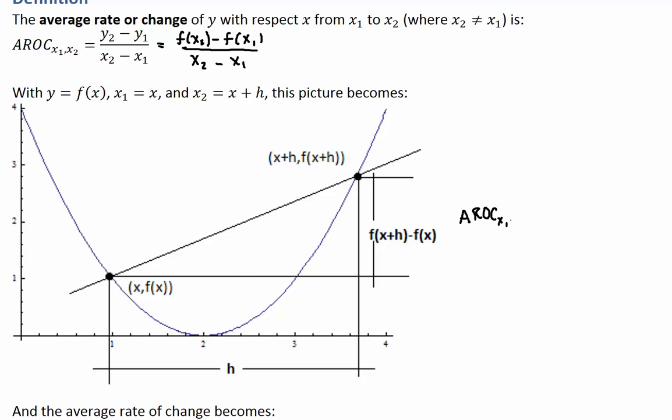Between x and x plus h, it is f of x plus h minus f of x, that's the rise in the y coordinate, divided by the run in the x coordinate, which would be x plus h minus x, which gives you just h. So you divide the rise by the run, and you get this expression that is also known as the difference quotient.